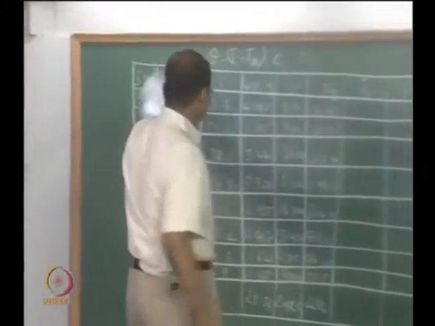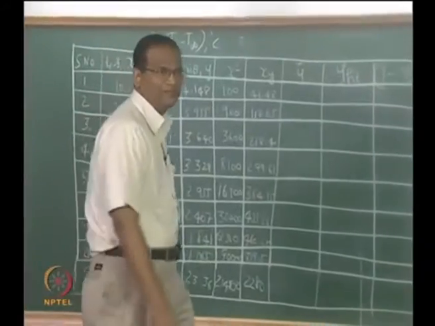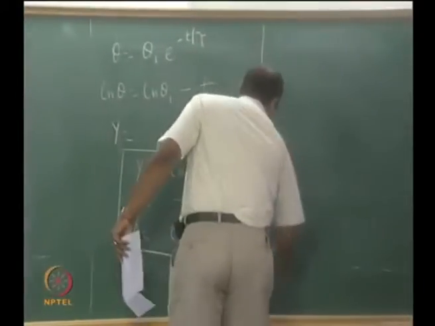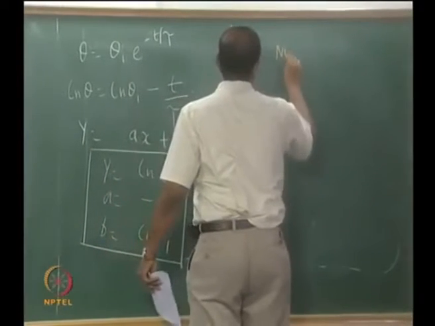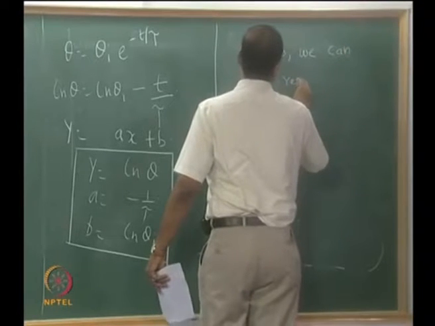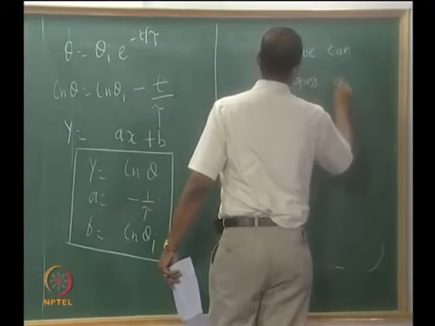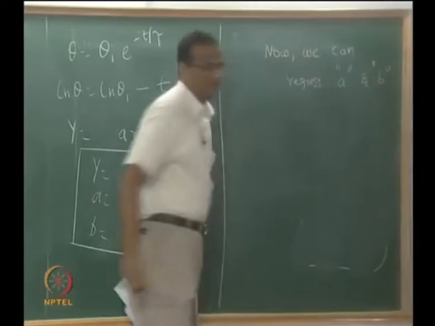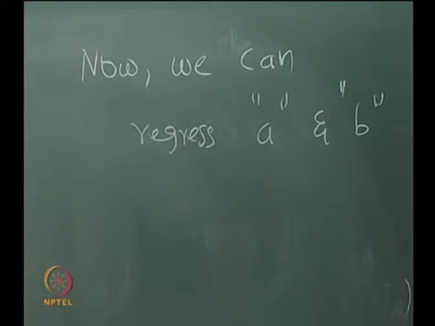Now with this you can work out your A and B, correct. Now we can regress A and B, or regress for A and B, whatever.